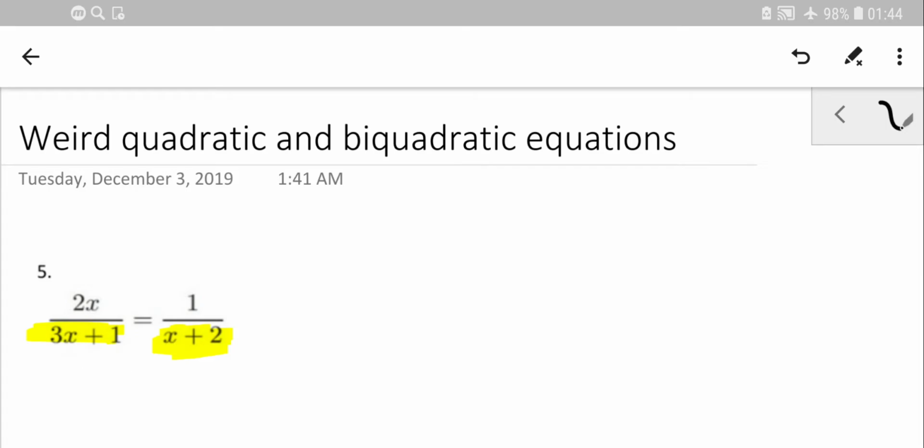Of course, you can check your solutions at the final stage. However, I recommend immediately excluding those x's which lead to your denominators being 0.